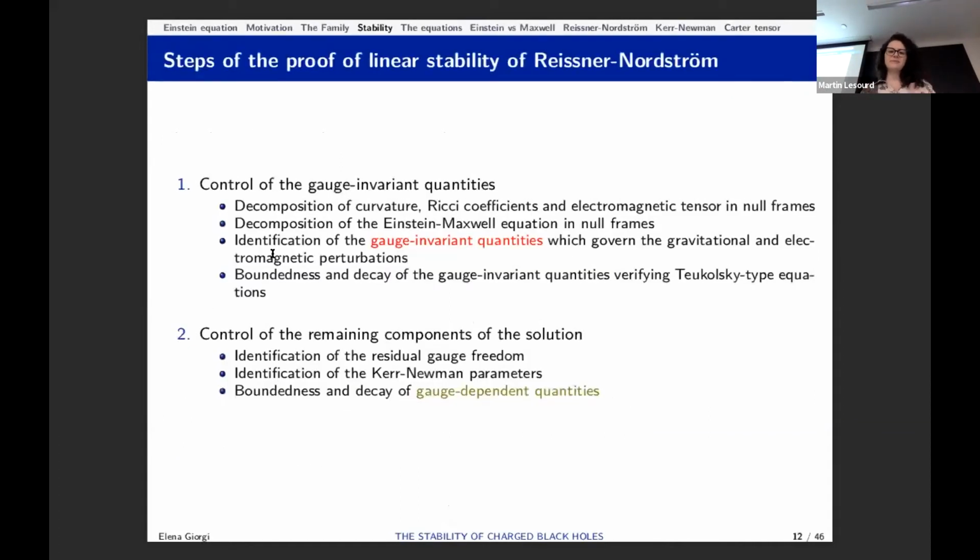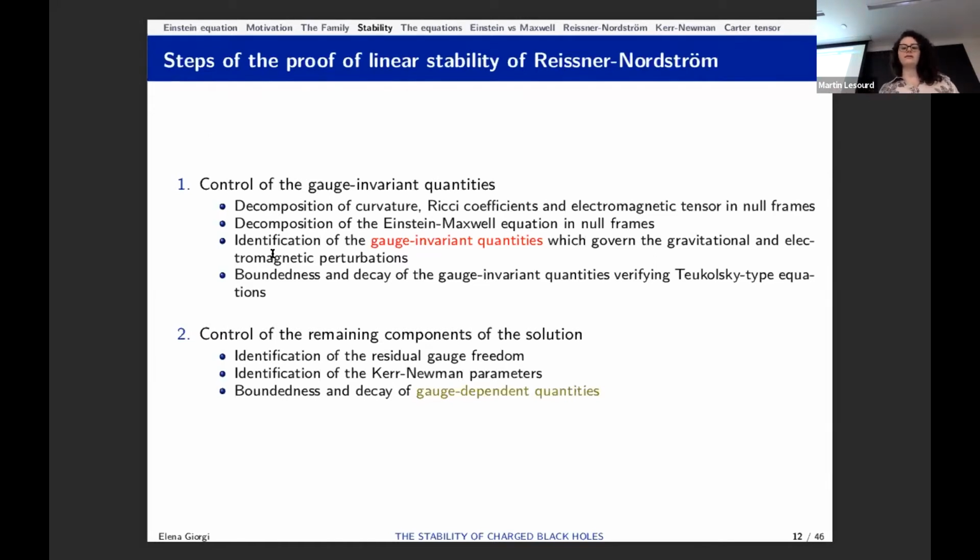So the steps of the proof, in a certain sense, follow the proof of Dafermos-Holzegel-Rodnianski. It has a similar flavor. Very roughly speaking, it is divided in two parts. First, you want to control the gauge invariant quantities, quantities that do not depend on the choice of gauge. In particular, in the linear theory, they are independent of the choice of gauge.